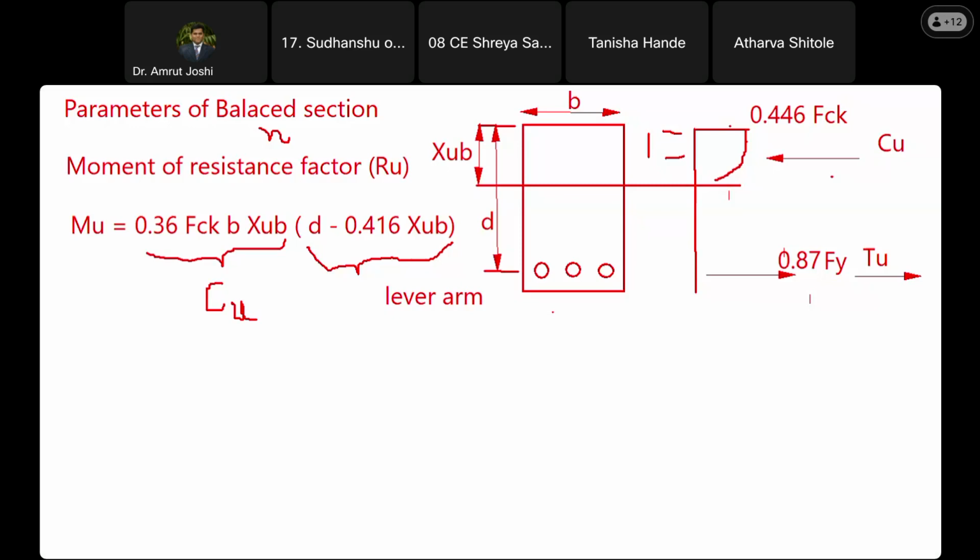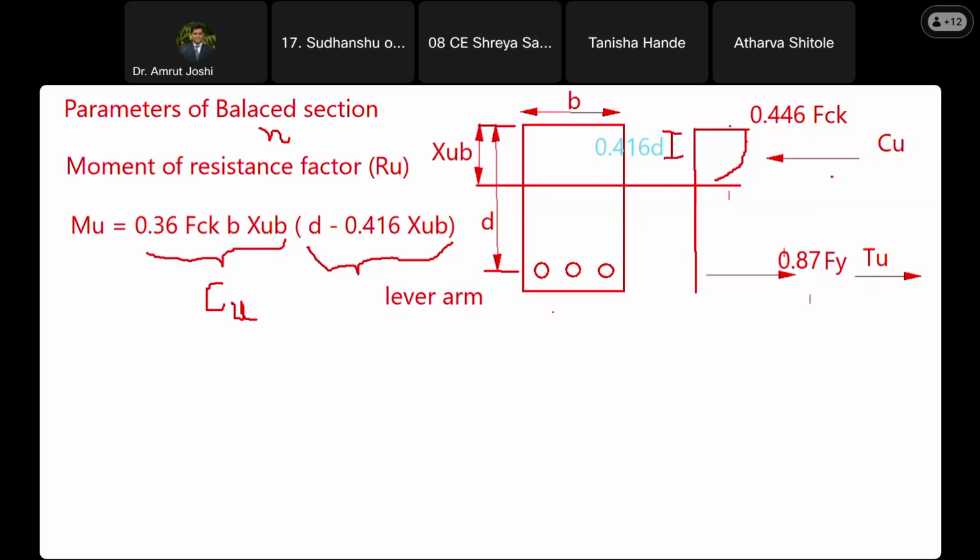This distance we know is 0.416 xub. The centroid of this parabolic and rectangular stress block effectively lies at a distance of 0.416 xub.